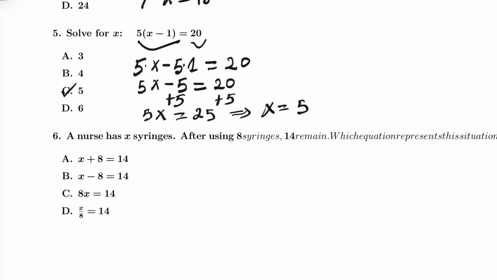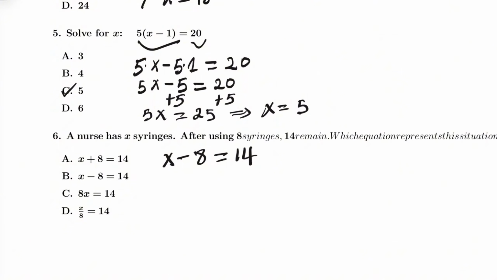A nurse has x syringes. After using 8 syringes, 14 remain. Which equation represents this situation? So a nurse has a total of x syringes, right? After using, so using will mean subtraction. After using 8 of them, the result is 14, what's remaining, right?